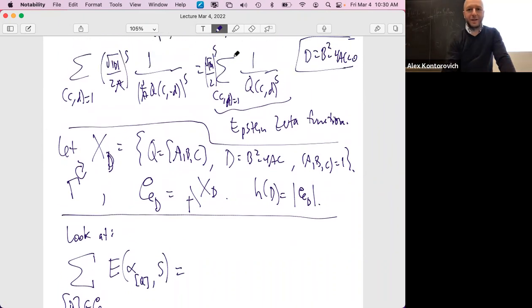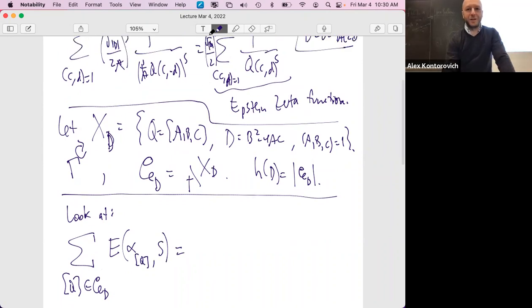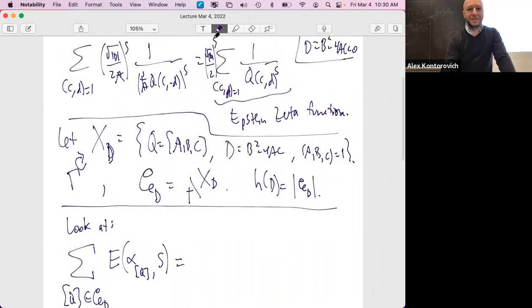By this calculation, I get this factor root D over 2 to the s. They all have the same discriminant D, so this factor is common to all of them. Times the class number, and then there's a different contribution for each one.